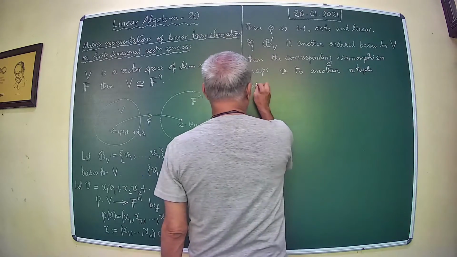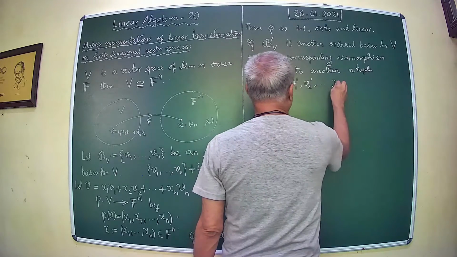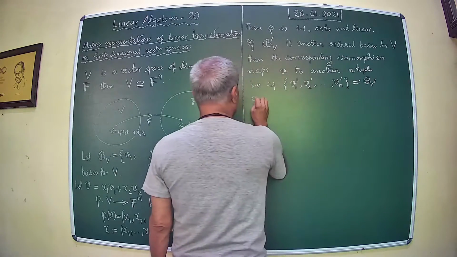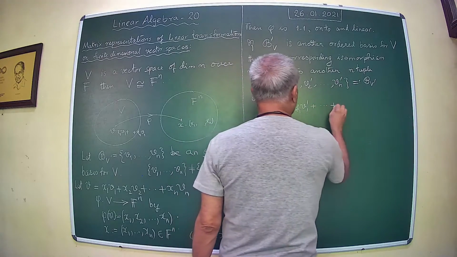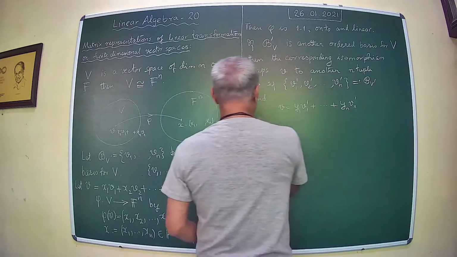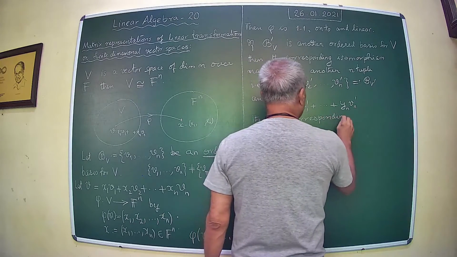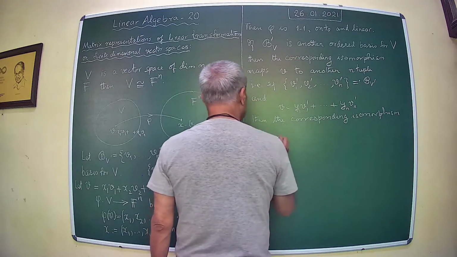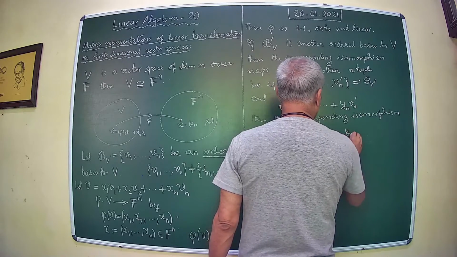That is, if v1 prime, etc., is the new basis and v is given as a combination with coefficients y1, y2, etc., yn, which are uniquely fixed, then the corresponding isomorphism is psi of v equal to (y1, y2, ..., yn), which is uniquely defined.